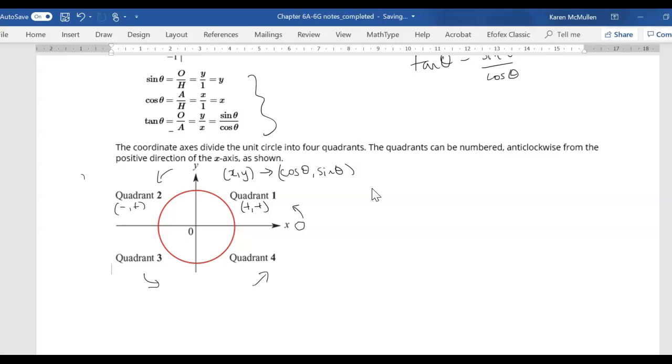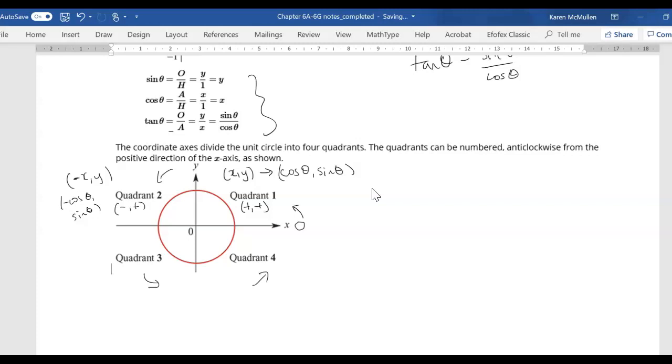So if we think about the points as being x, y, we've actually got negative x. All right, so in quadrant 2, cos is negative. Negative cos and positive sine.